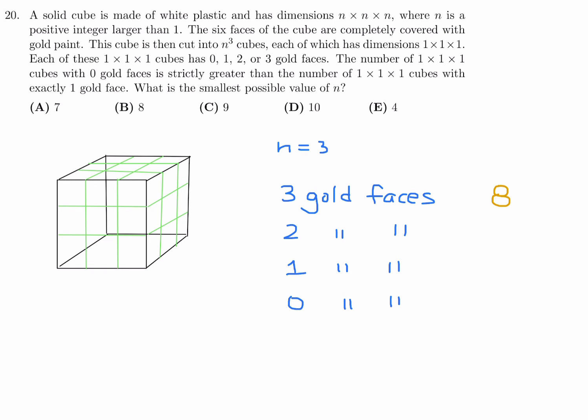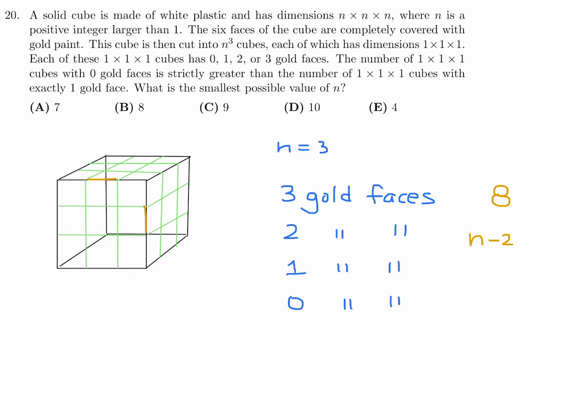Now let's talk about 2 gold faces. 2 gold faces are these guys, that one, this one. And those we have to figure out in terms of n. Well, it's going to be n minus 2. You're subtracting 1 and 2 from n. And then you have to multiply that by how many edges there are.